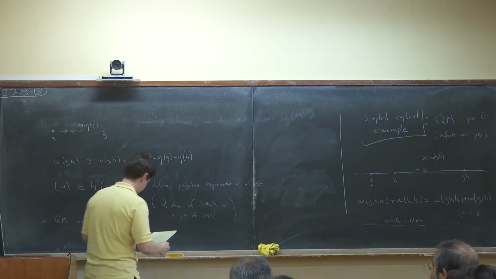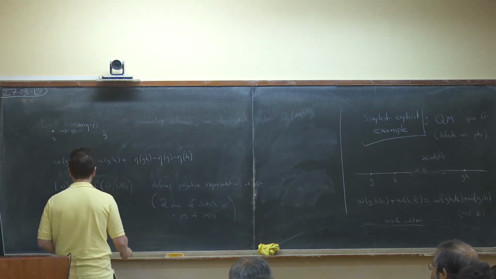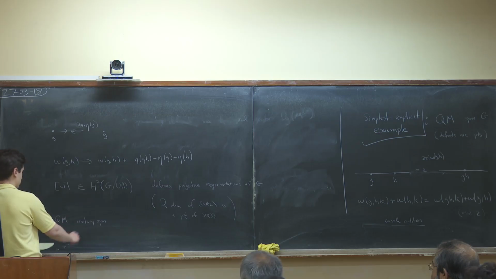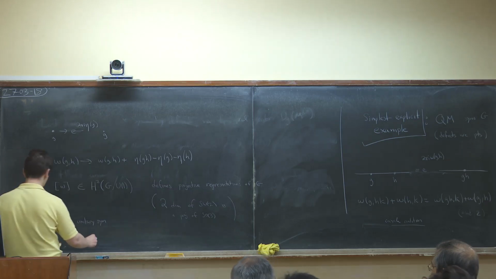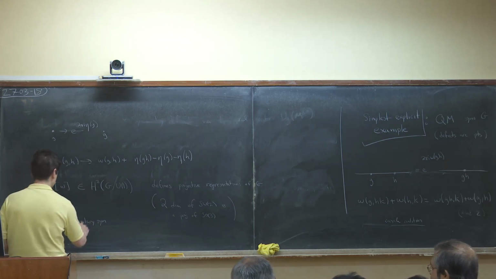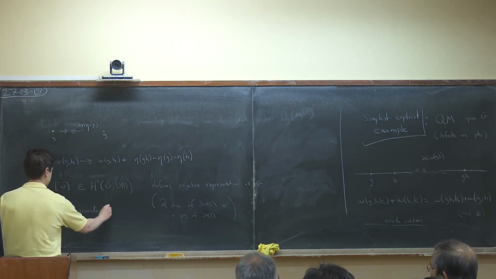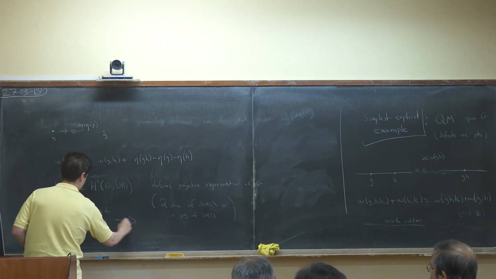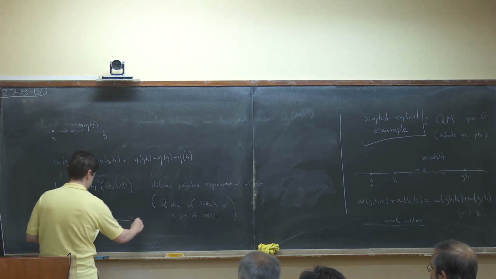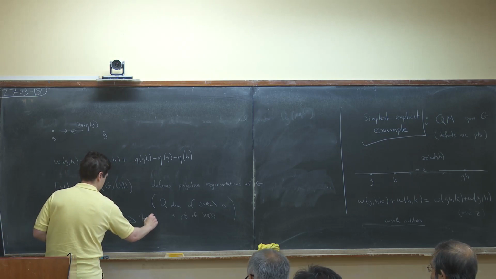Okay, so good. What's the physical consequence? First of all, we learned the following slogan. In quantum mechanics, unitary symmetry, or anomalies for unitary symmetry, is the same thing as saying that the Hilbert space is in a projective representation.